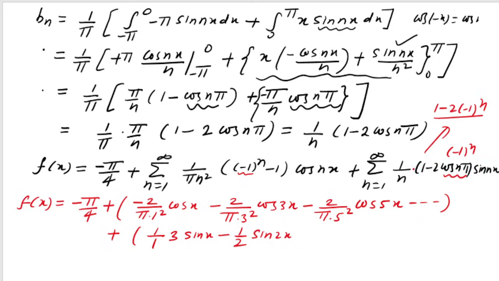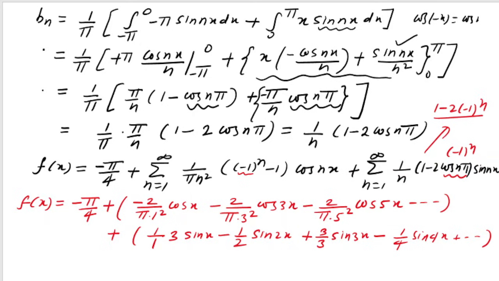So I will get 3 by n, and n is also 3. So I will get 3 by 3 sin 3x. And similarly, if I take one more term so that you are clear, if I take n is equal to 4, it will become 1 minus 2, that is minus 1. So I will get minus 1 by 4 sin 4x, and so on. This will continue. So this is the Fourier series expansion.